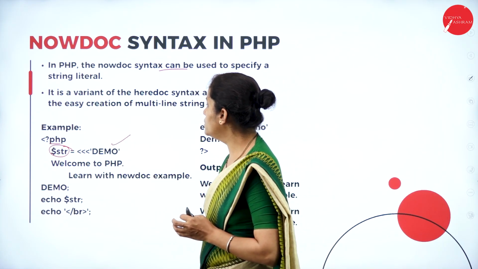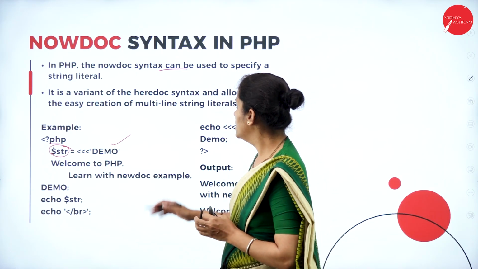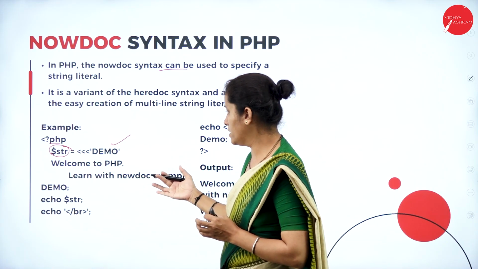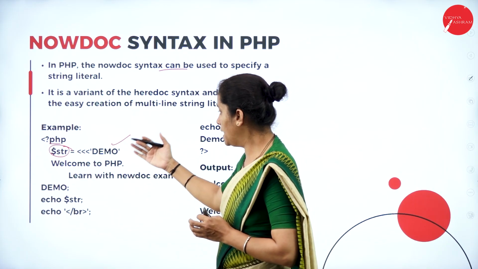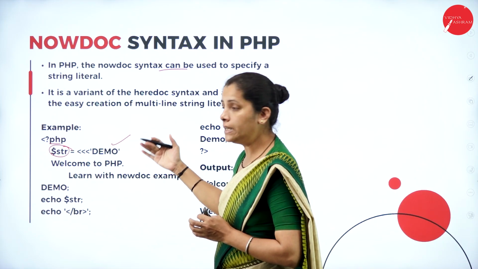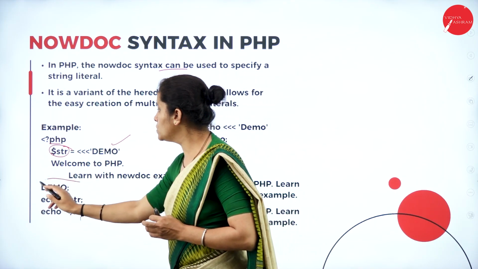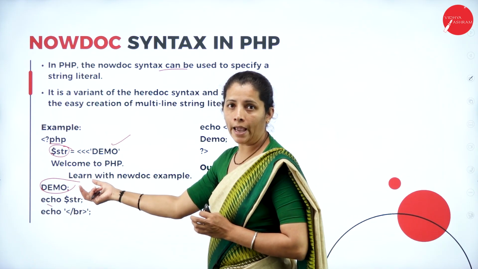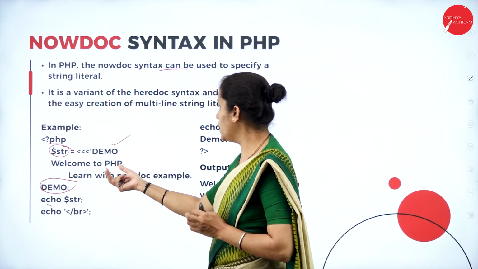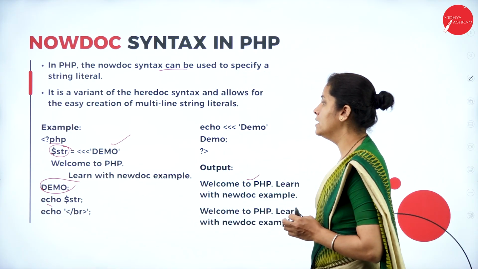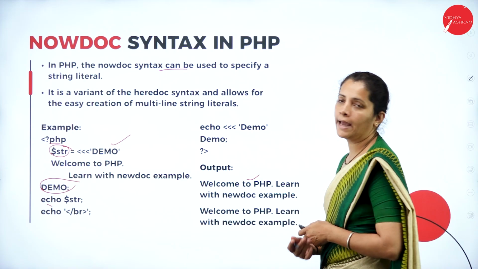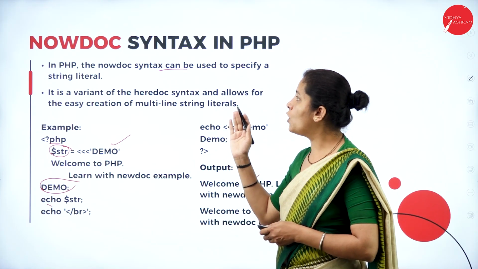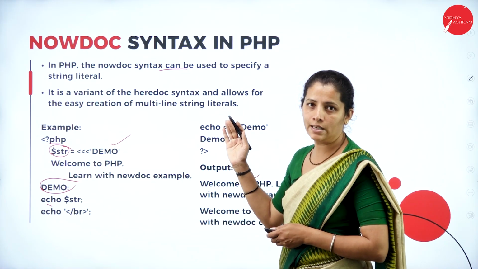Welcome to PHP, it's a message, a multi-line string literal, and I'm going to close the demo. Now, when I call echo, I get the output: welcome to PHP, learn with nowdoc example. So this is the way I can use nowdoc as well as heredoc syntax.